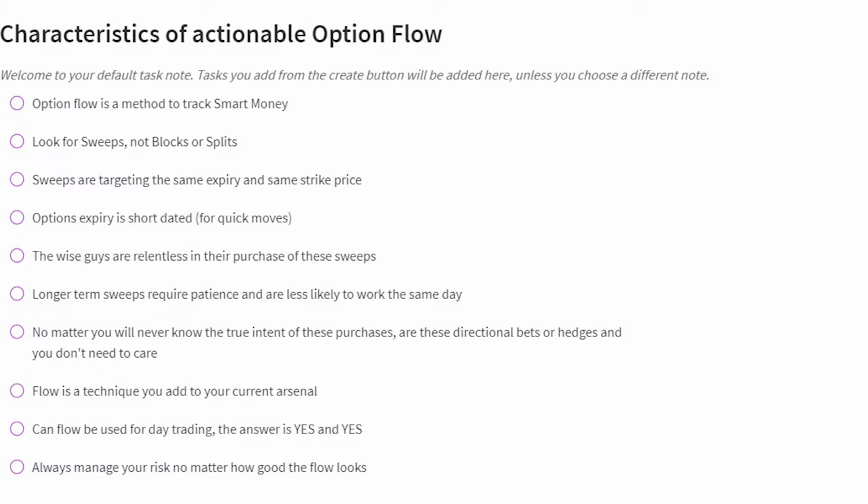Option flow is essentially a technique to track smart money, mostly institutions or algorithms where an inordinate amount of capital is being put to work. There's a likelihood, but not certainty, that they have access to some information that common people don't. They could be better informed, for example, about an impending news, a buyout possibility, or some other news of consequence.